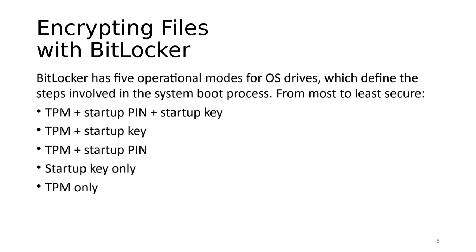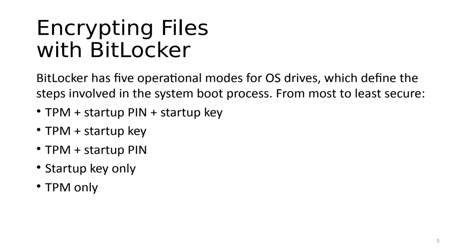We have 5 operational modes for the OS. The top one is the most secure. TPM with startup PIN and startup key. This is the most secure. Then we have TPM with startup key, or TPM with startup PIN, or startup key only, or only the TPM.